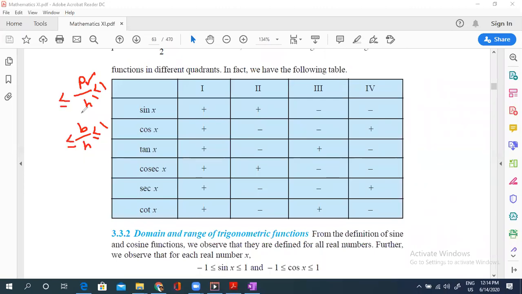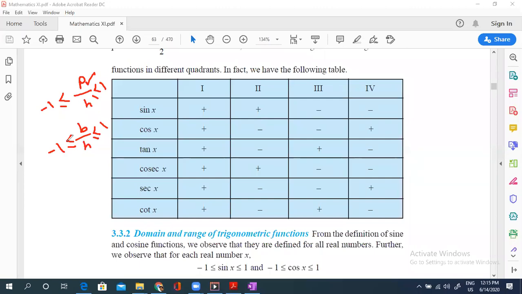Now, hypotenuse is always positive, but perpendicular can be negative also. So the minimum value is -1. Got it? If base is 0, then hypotenuse is equal to perpendicular, not 0, because hypotenuse square is equal to perpendicular square plus base square.